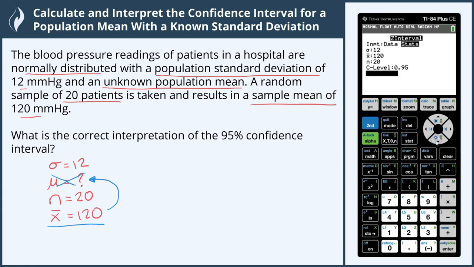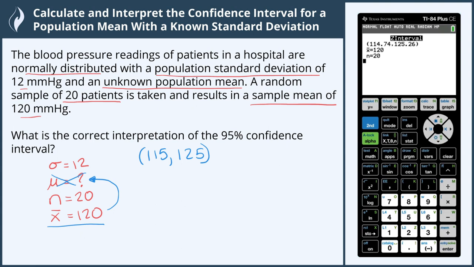So we can go to calculate this for us. And we have a confidence interval. Let's go ahead and round this to the nearest whole number. So we're going to go from 115 to 125 for our confidence interval.